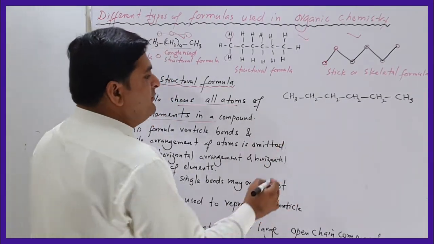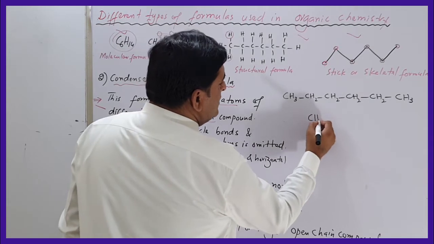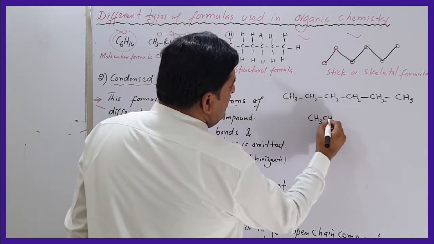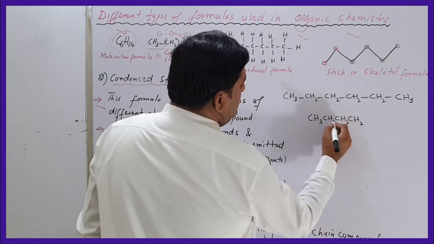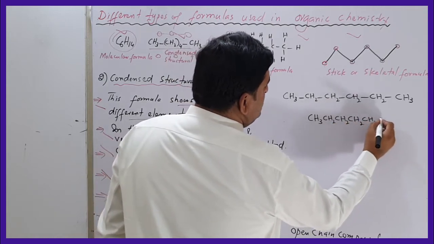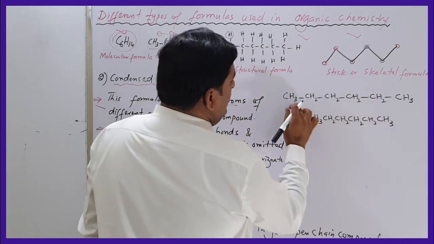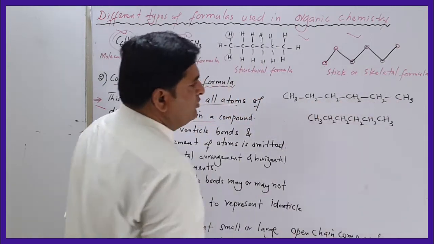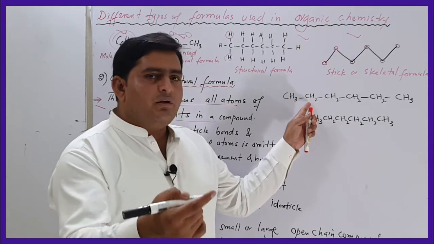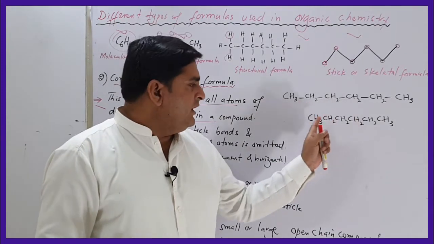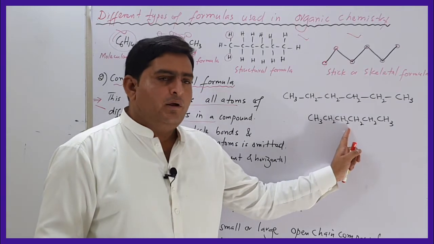If we omit them, we write CH3CH2CH2CH2CH2CH3. In one formula we have noted the single bonds; here we have omitted the single bonds.